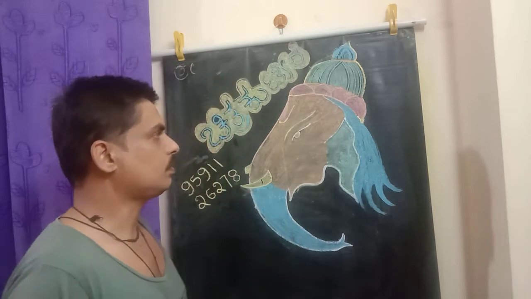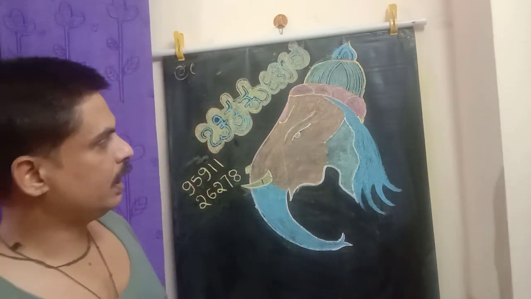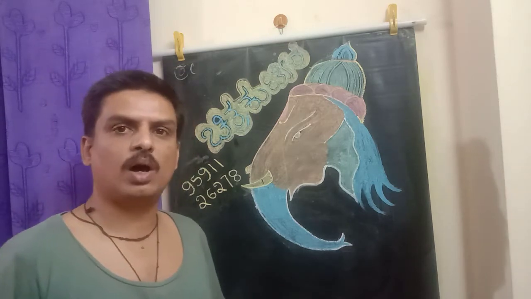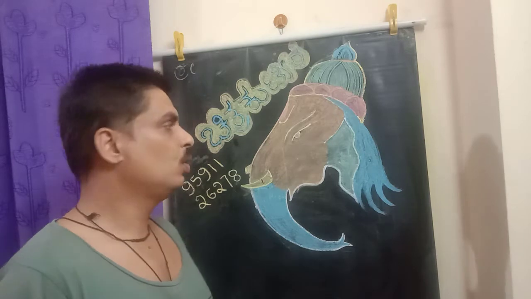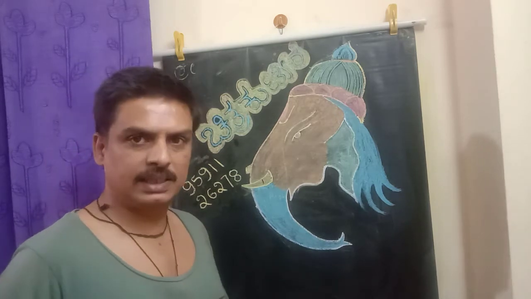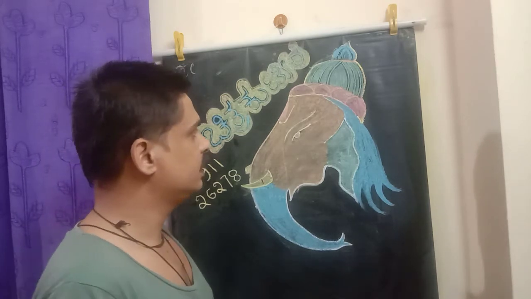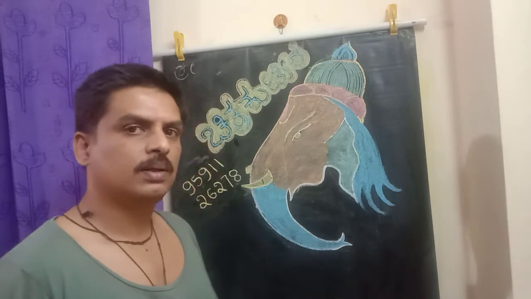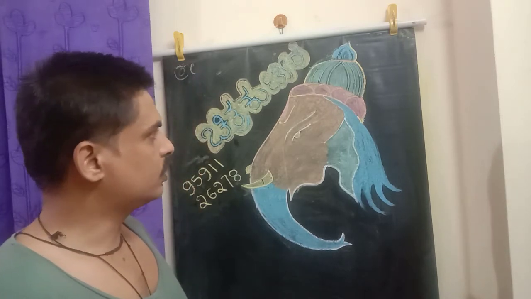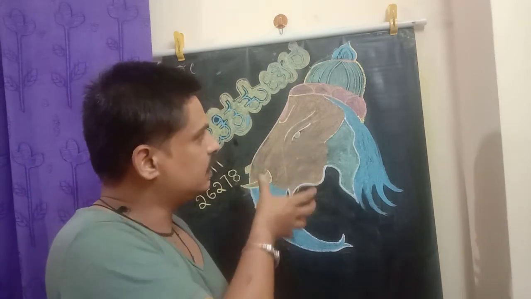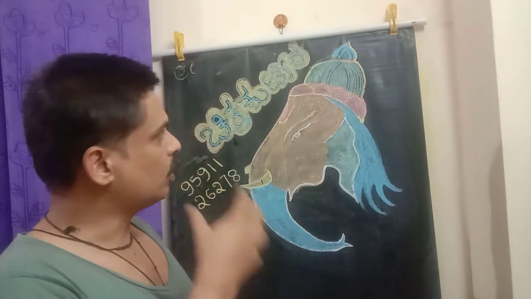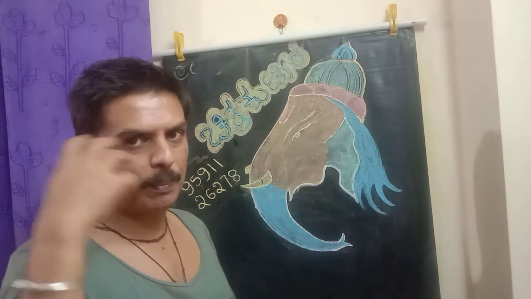So it is very important when you are going to draw any art to form a basic sketch in your mind. The main sketch will be automatically done in your mind.